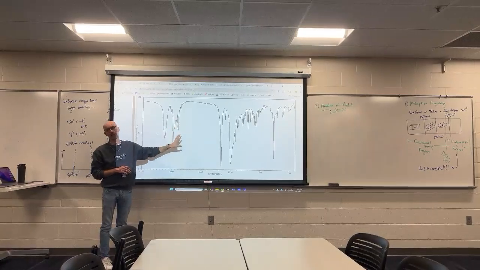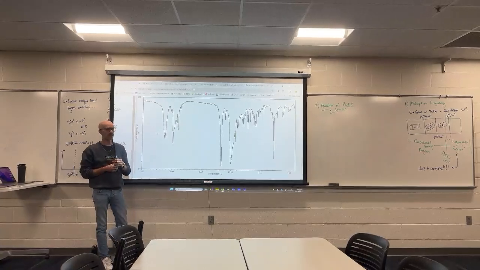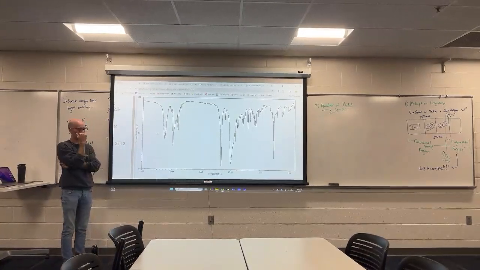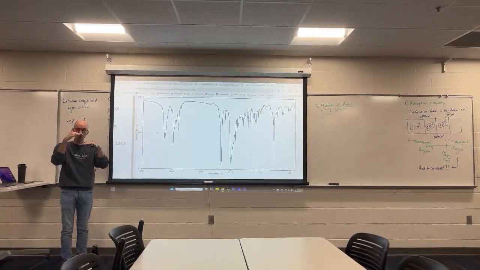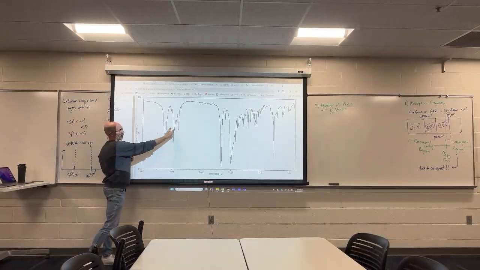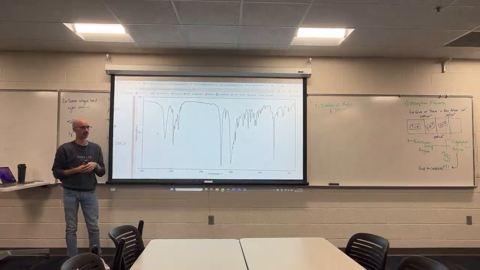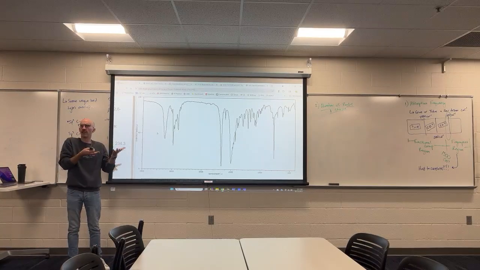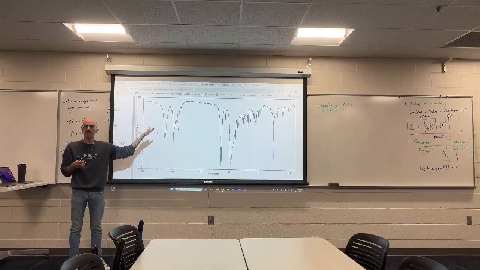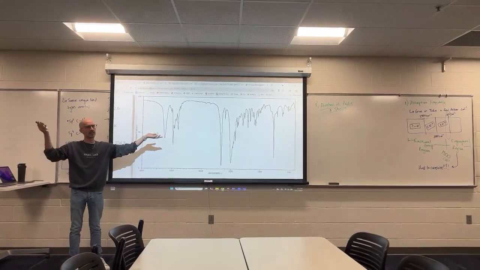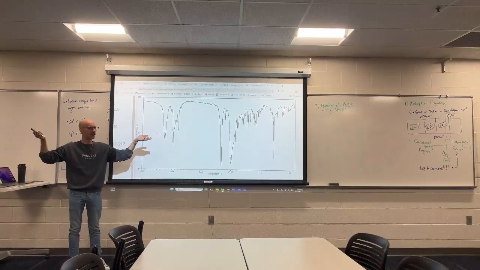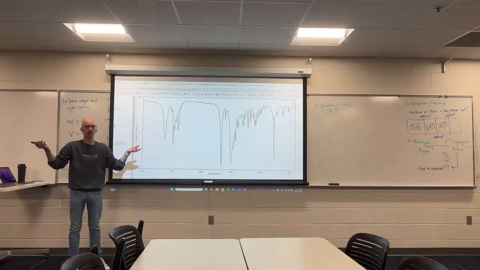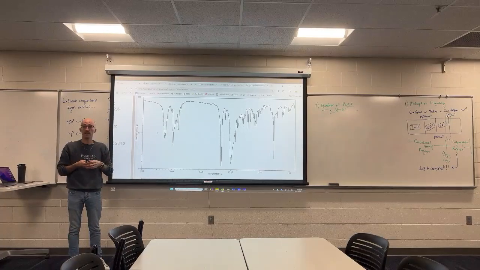Yeah, good. And the question can become, if a CH bond absorbs a specific energy, then why are multiple energies being absorbed? And this has something to do with there are different CH bonds. There's the CH3 CH bond and the CH2 CH bond. So different nature of different bonds can absorb in different ways. And there's multiple bonds.